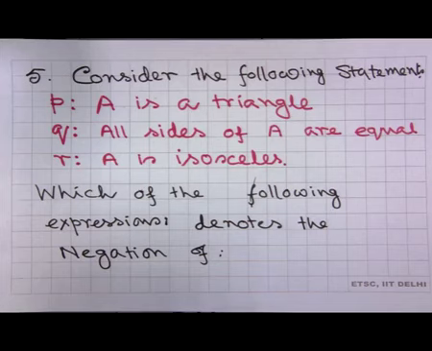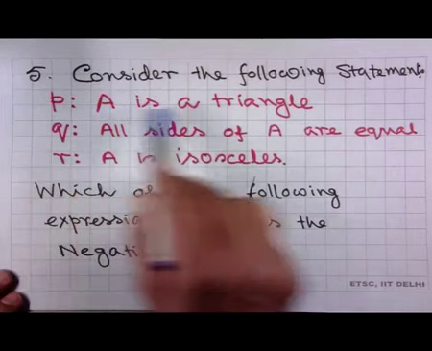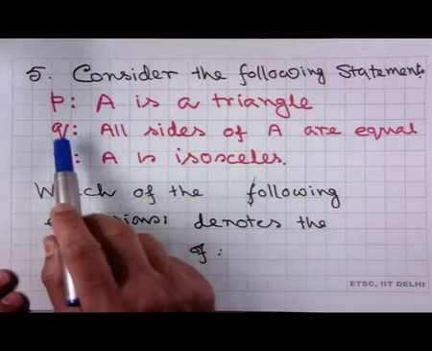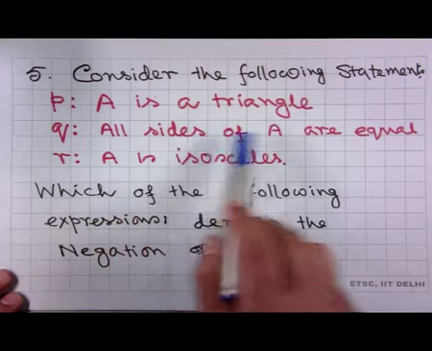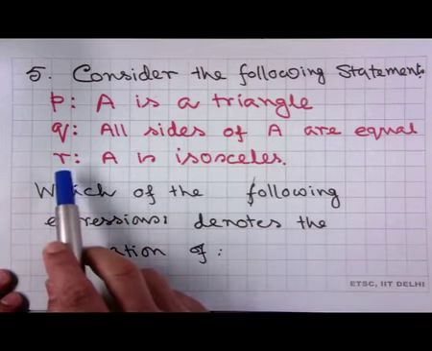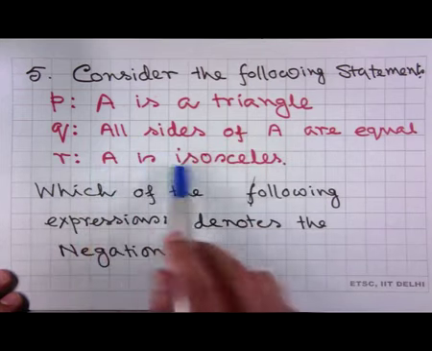Now, let us look at the following problem. Consider the following statements: P, A is a triangle; Q, all sides of A are equal; R, A is isosceles.